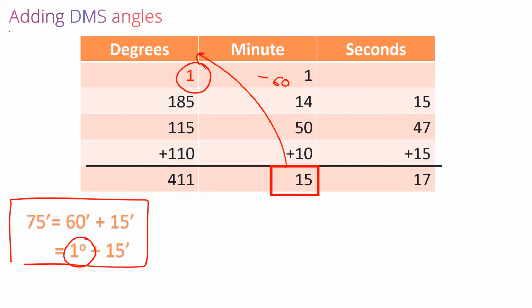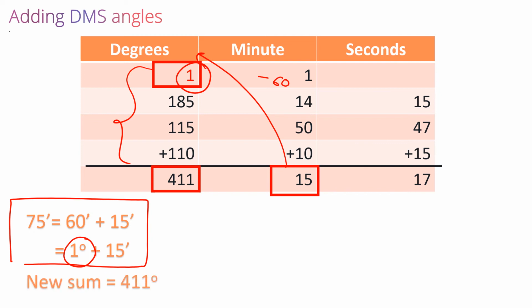Finally, we add all of these numbers. So 110 plus 115 plus 185 plus 1 gives you 411, right? And we have one last thing to do, because again it is greater than 360 degrees.